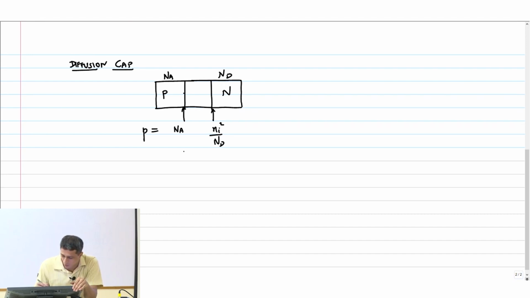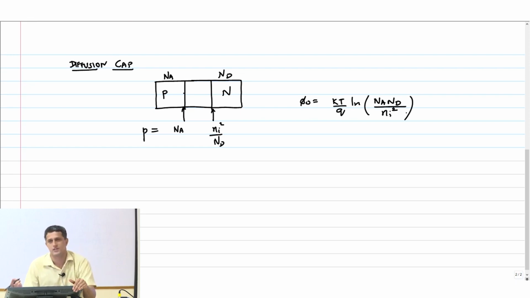So you can find out what that drop is as phi naught is equal to kT by q ln of Na Nd by Ni square. Just like we did for the CMOS transistor, you can calculate what this difference is. Okay.